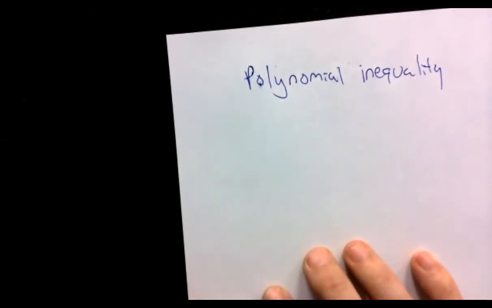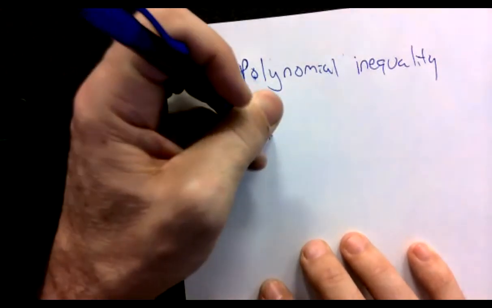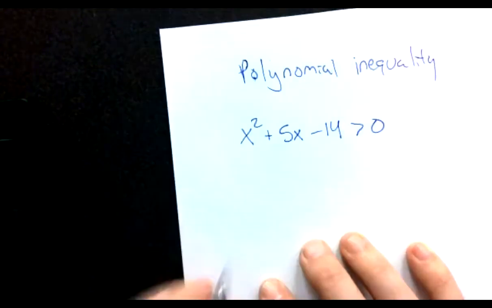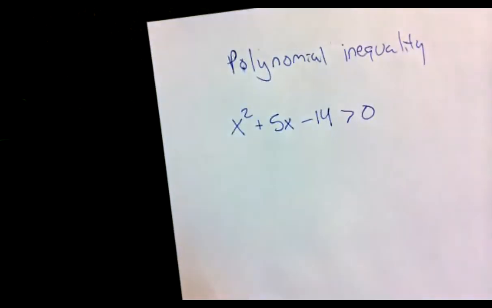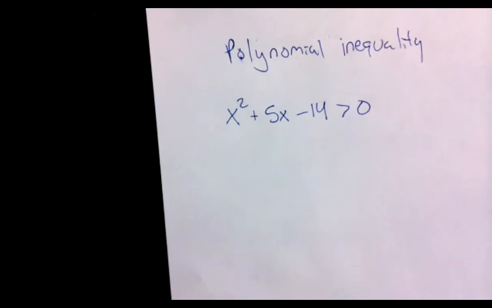We're looking for critical points. Your critical points are those zeros. So if you're finding a pattern of what we're going to do, guess what? We're going to find zeros.